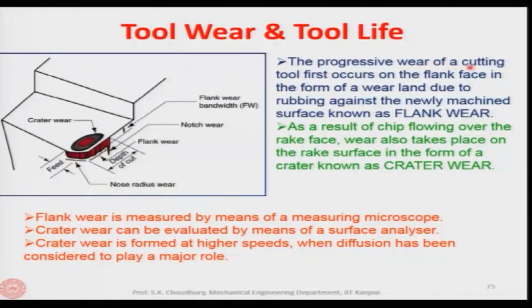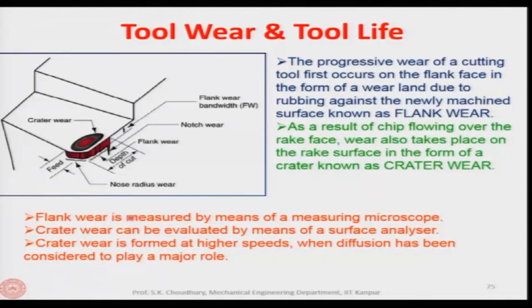The progressive wear of a cutting tool first occurs on the flank face, which is in contact with the workpiece surface, in the form of a wear land due to rubbing against the newly machined surface. This wear is known as flank wear, as shown here. Now, as a result of the chip flowing over the rake face, wear also takes place on the rake surface in the form of a crater, which is known as crater wear.